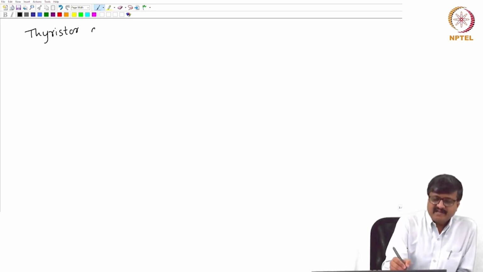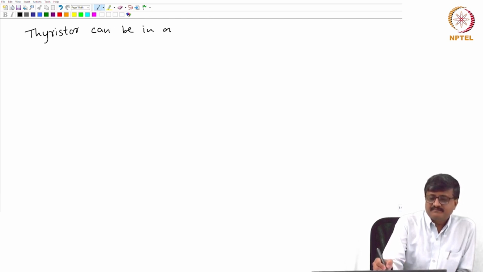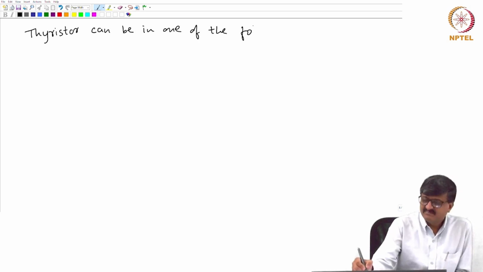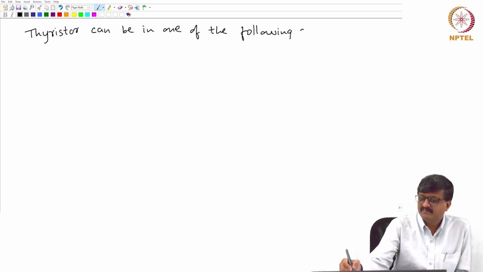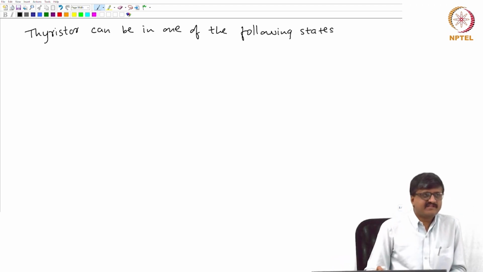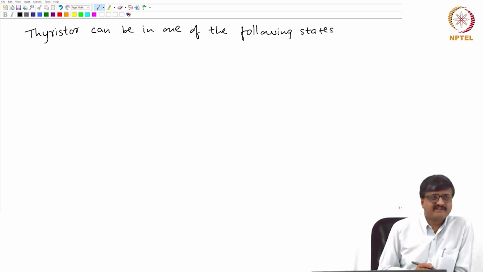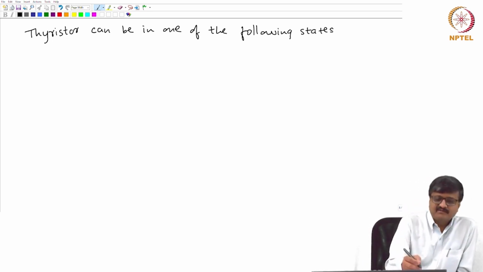So a thyristor can be in one of the following states. I already mentioned two states, on state, off state, but I will further classify this off state. So that actually gives me three states for the thyristor.